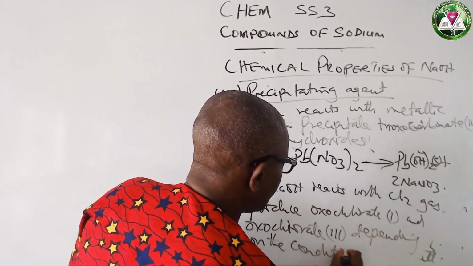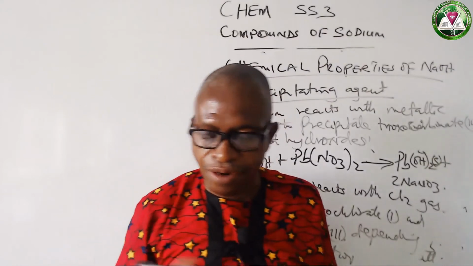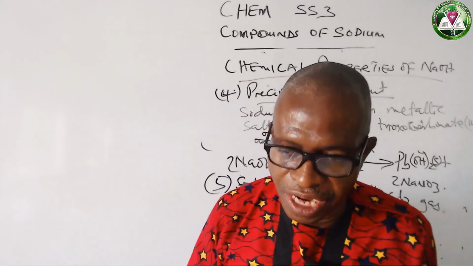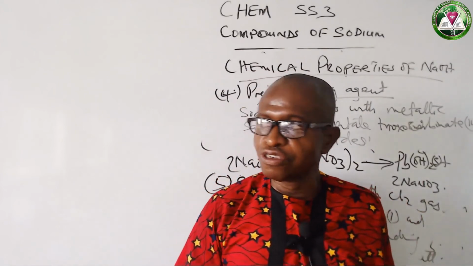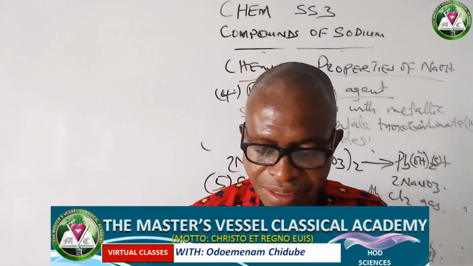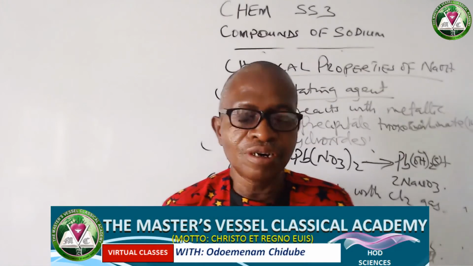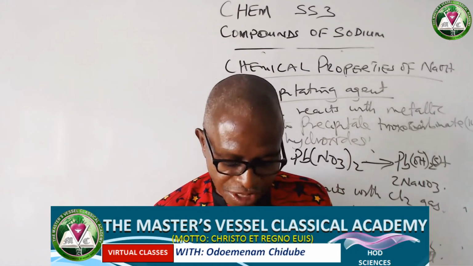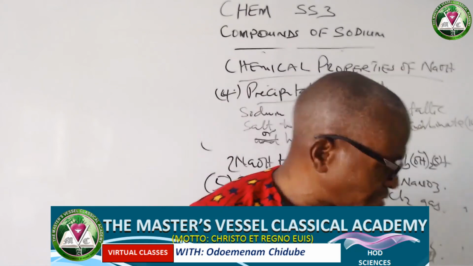Let me repeat this: sodium hydroxide will react with chlorine gas to produce oxochlorate(I) salt or oxochlorate(V), depending on the condition.